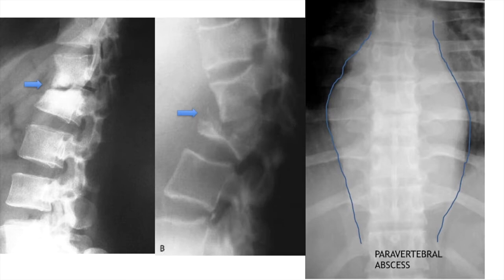In other cases, you're going to see a huge paravertebral abscess. These cases are easy to diagnose, but like I say, the trick is to diagnose the disease in the early stage so we can avoid any damage with the correct treatment for this patient.